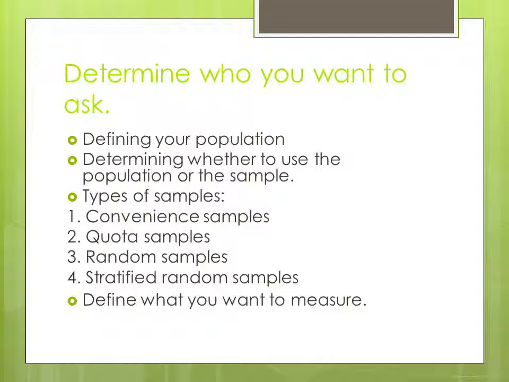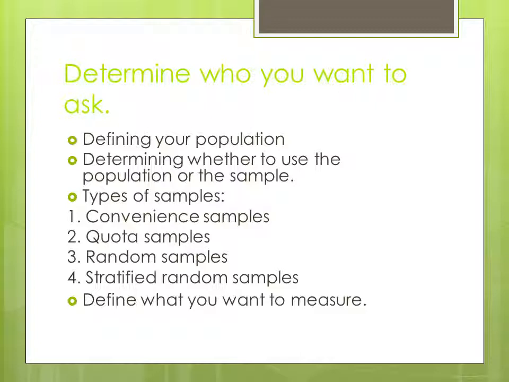There are quota samples, which are basically convenience samples, but they try to have quotas set up for a particular demographic. Let's say at Bethel, where on the undergraduate side the split is about 62% female students and 38% male students, if we're going to try to get 100 students to complete a survey, we might go until we get to 62 women and 38 men, if we think it's very important to have a balance that way.